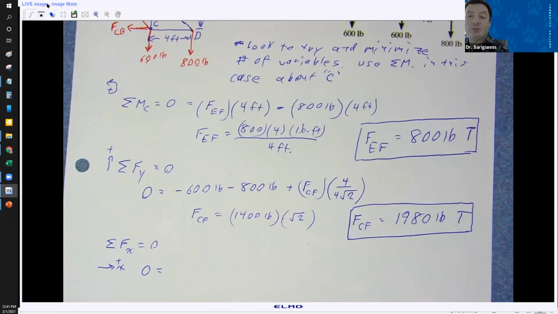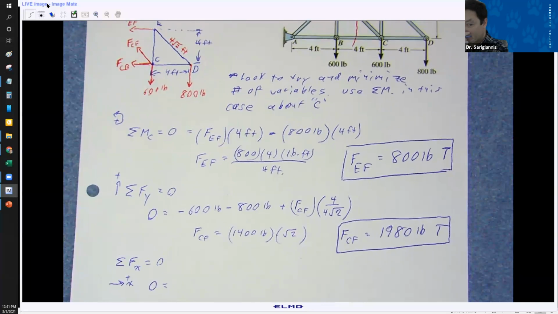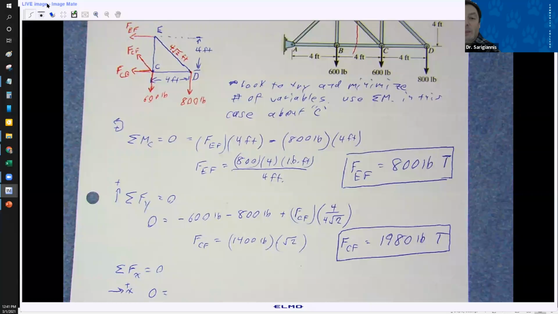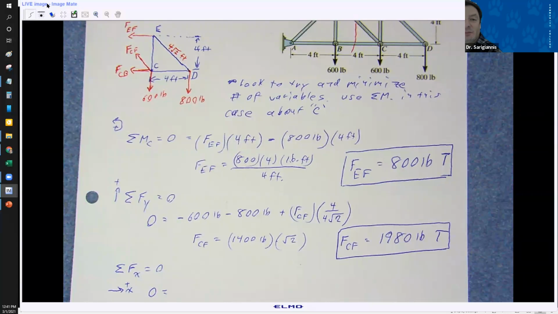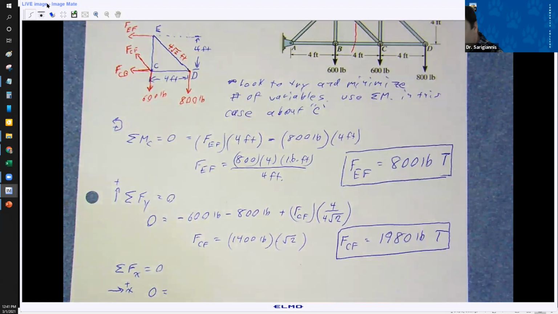All right, let me just zoom out a tad more. X direction forces. We don't have too much. We've got EF is 800 pounds, but notice that's directed backwards, to the left.